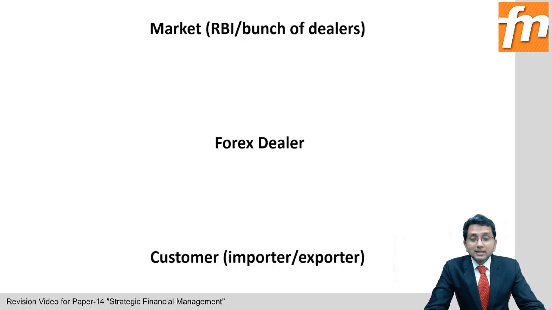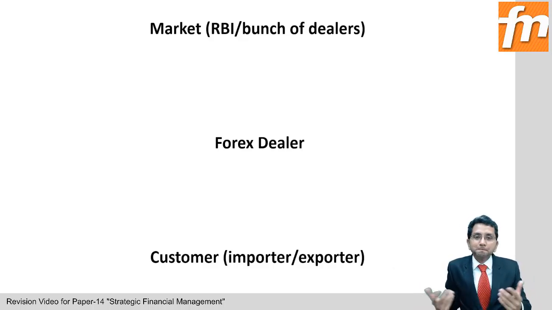Now, as there are three types of people here, there will be two types of rates. The rate at which transactions are entered into between the market and the forex dealer is named the interbank rate, because the market is a bunch of banks, a bunch of dealers.